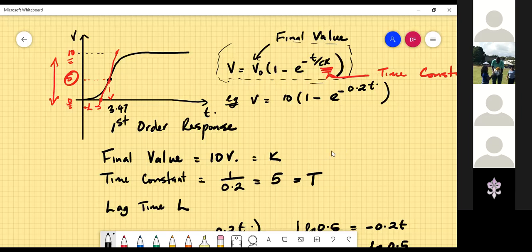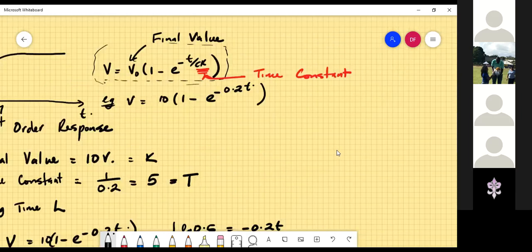Hold on, sir. The time constant, the 60 something percent, we use. If it's the 63%, we use it to find the time constant. But here we have the 5.